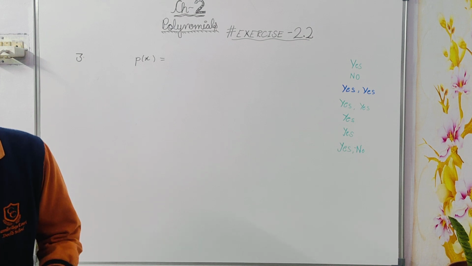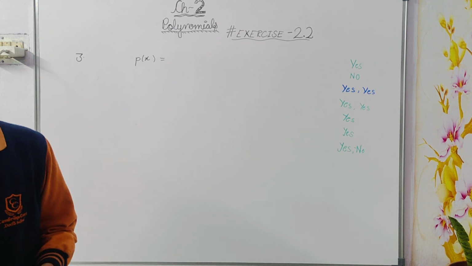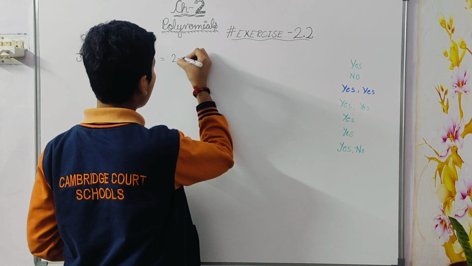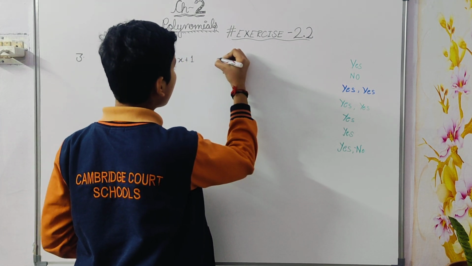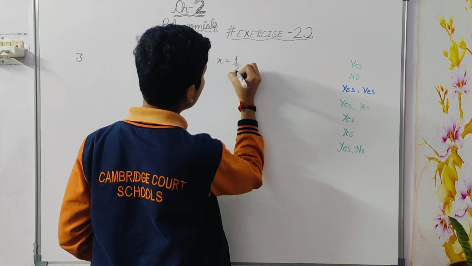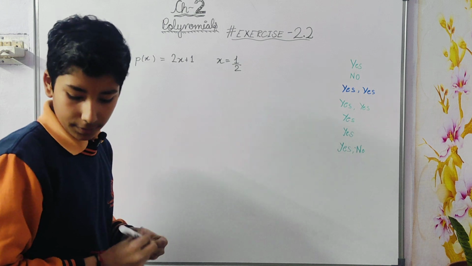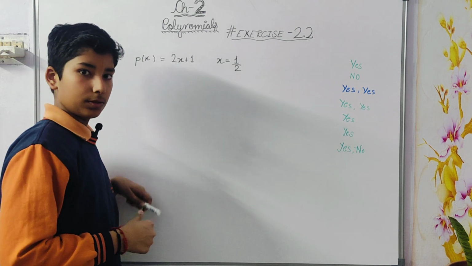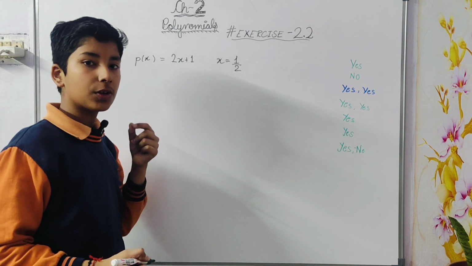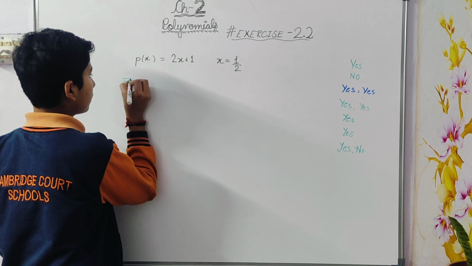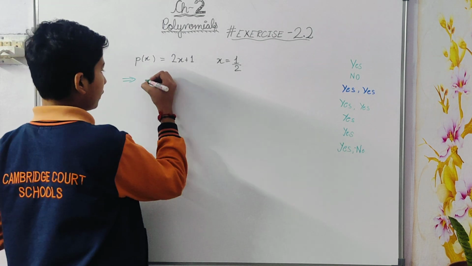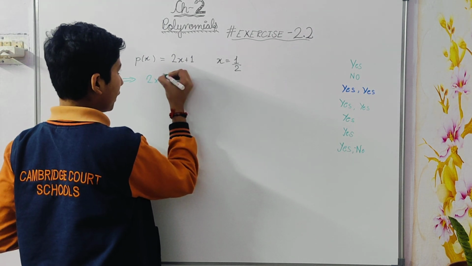Now next one, px equals to 2x plus 1, x equals to 1 by 2. Okay friends, this is our question, and that too the last subpart of question number 3. The value we will put here, so it will become 2 multiplied by x.